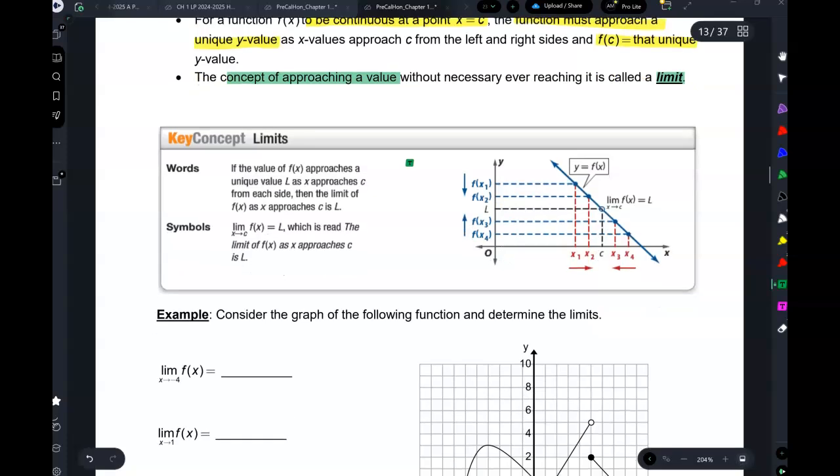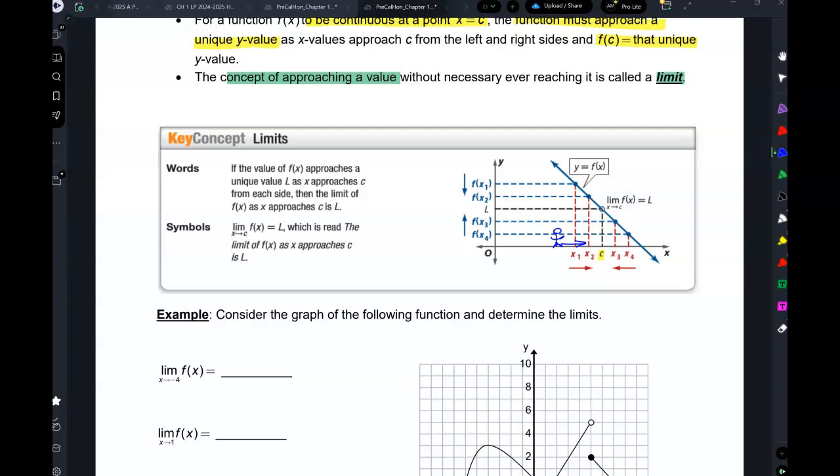So take a look at this graph right here. Suppose we are focused on this point C, right? And if you're on the x-axis, you can approach C from the left and from the right. So now suppose we are to the left of C, right here. This is you. And you're approaching C right here.